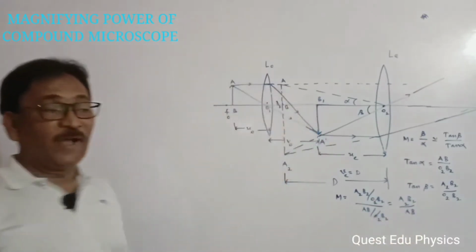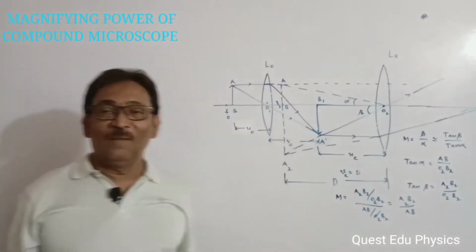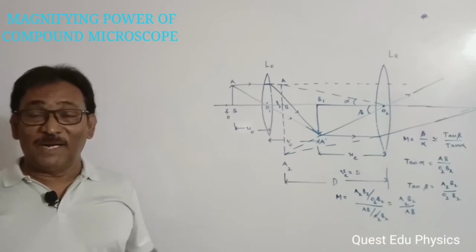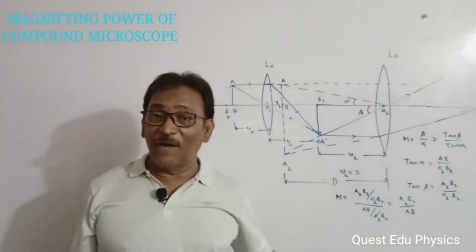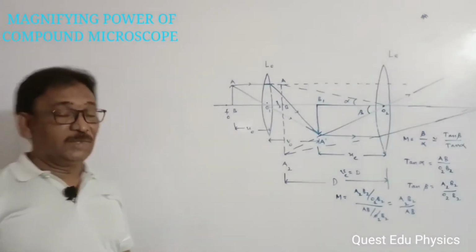It is the magnifying power of the objective. What I said is the product of the magnifying powers of the eyelens as well as the objective.